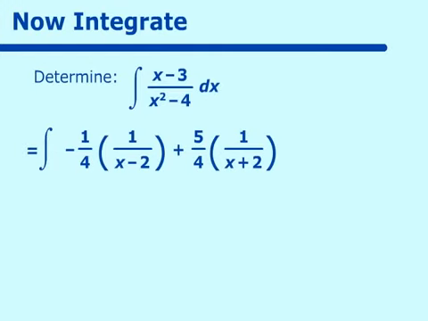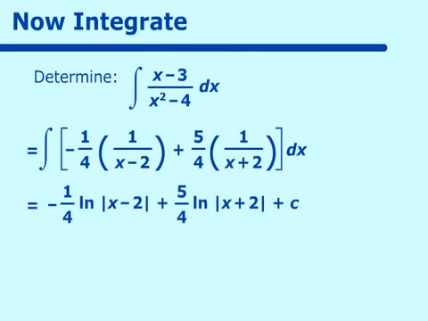And of course, we need our dx. So if we do that, the integration becomes quite simple. It's negative 1/4 ln of absolute value of x minus 2 plus the 5/4 ln of the absolute value of x plus 2 plus a constant.